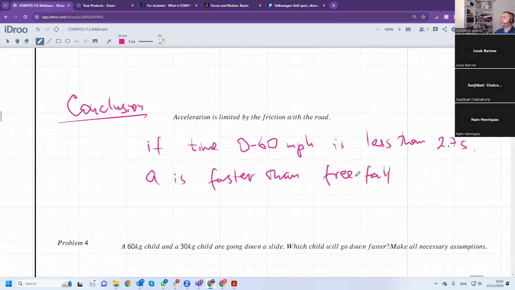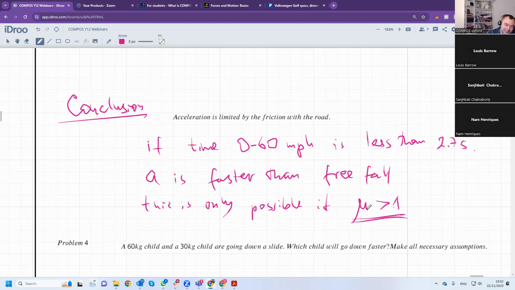This is only possible if mu is greater than 1. That means ideal conditions. It has to be an ideal road, ideal tires. So many things have to go perfect.